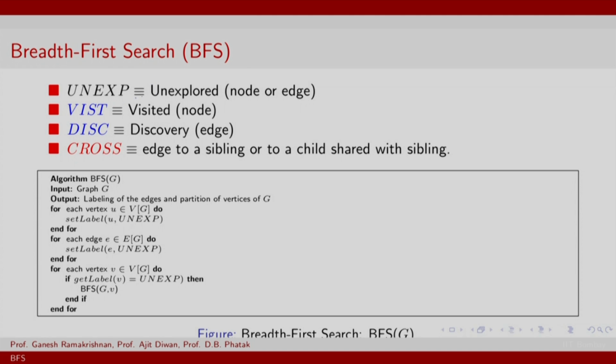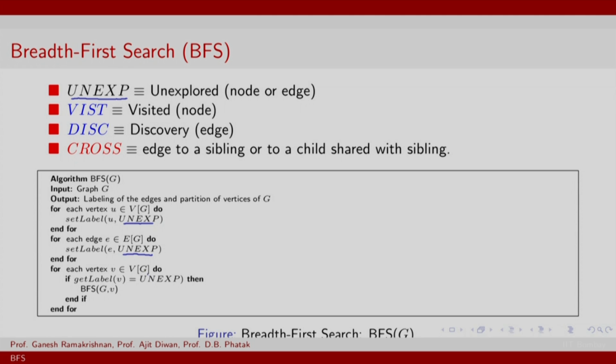So unex stands for any node or edge that has not been explored so far. So the starting point in BFS is to traverse through all the vertices of the graph and label each vertex as unexplored. Do likewise for every edge in the graph, label every edge as unexplored.